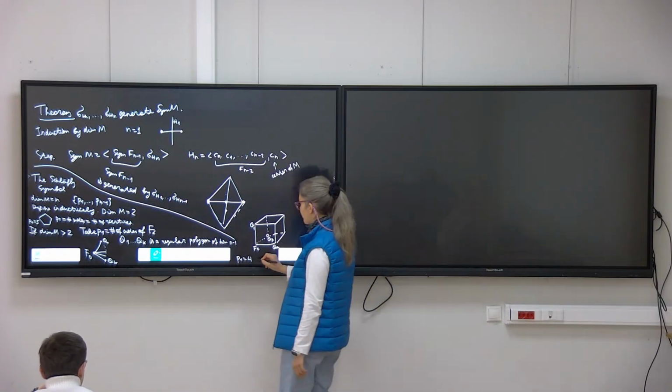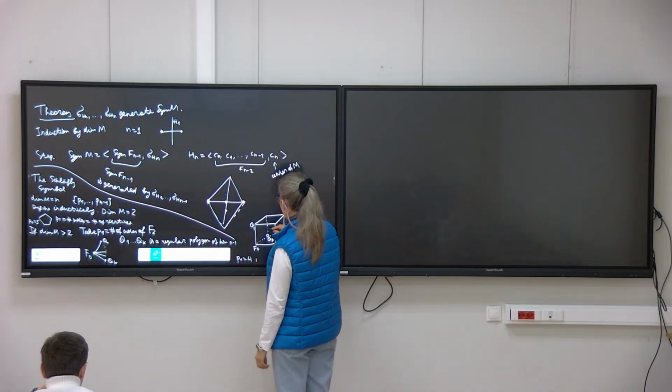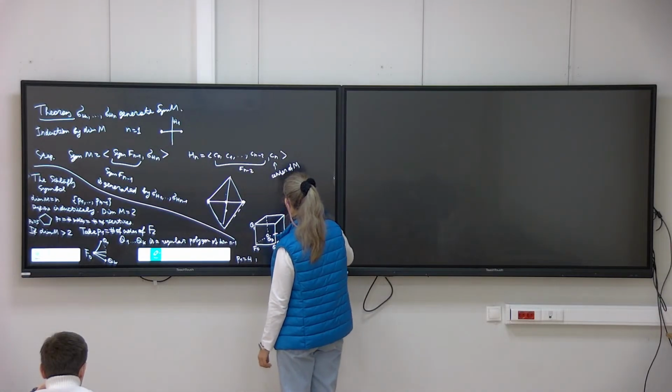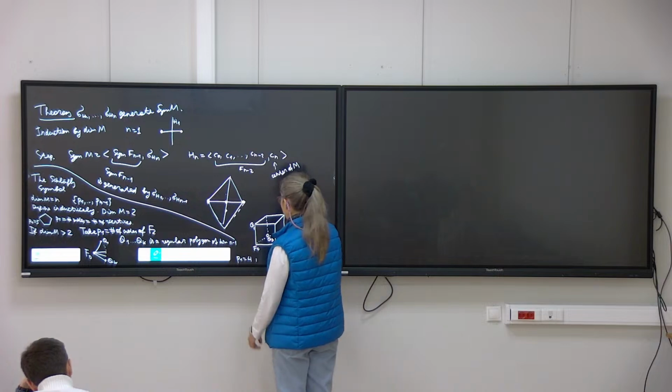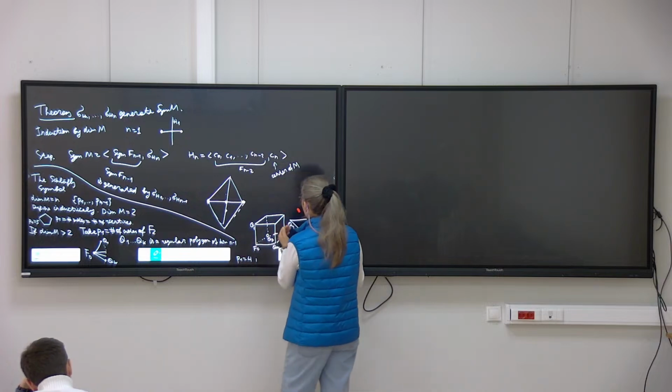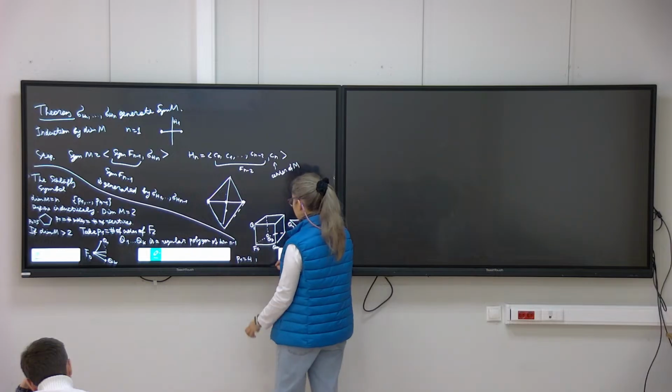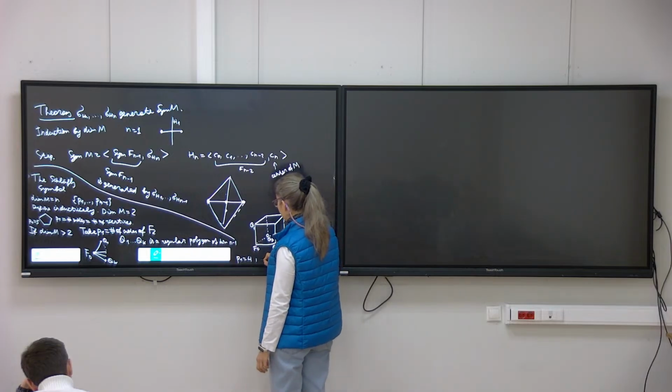And now we construct Q1, Q2, Q3. It is a triangle. And then we take the Schläfli symbol of this polygon and we write it instead of P2, etc. up to Pn minus 1. So P2 now equals 3.